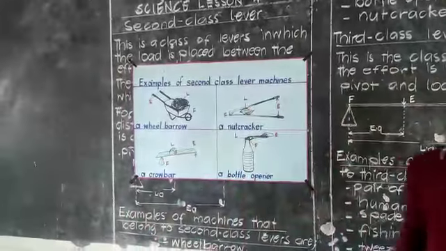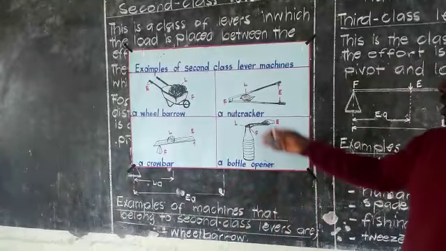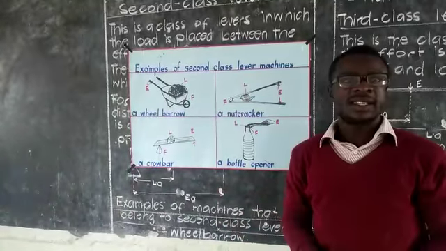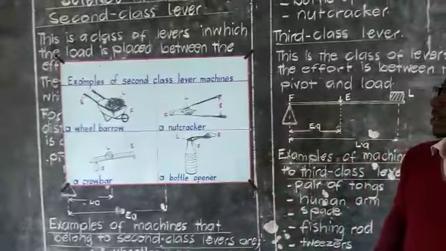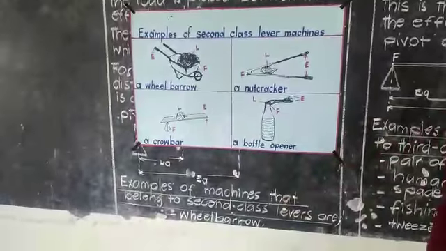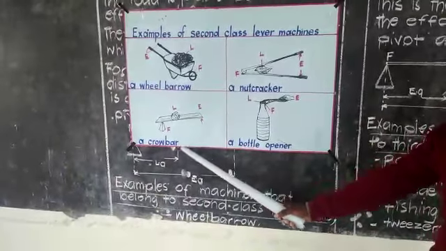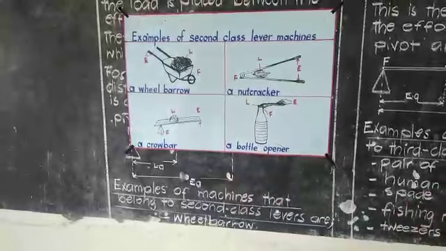I have a chart here which shows examples of machines that fall under second class lever. I have a wheelbarrow, a nutcracker, a crowbar, and a bottle opener.